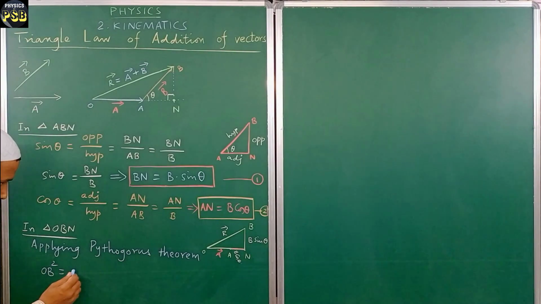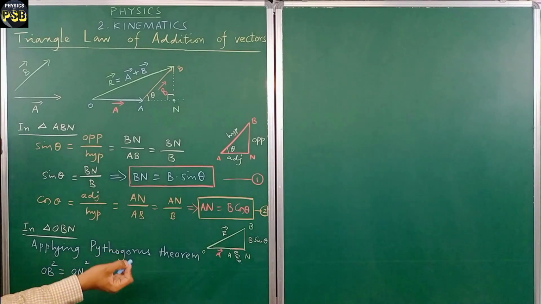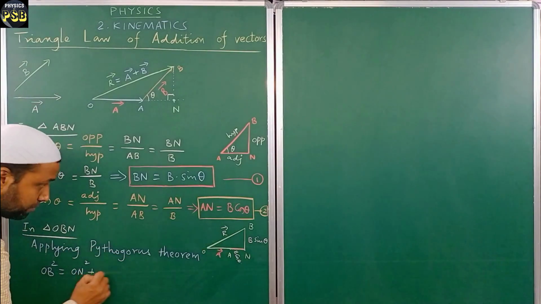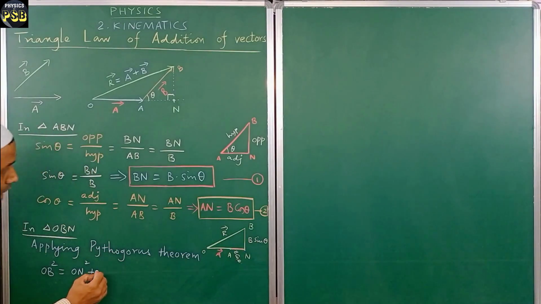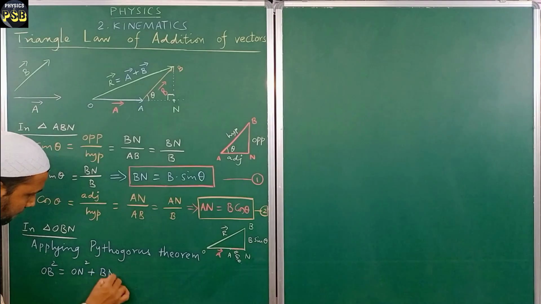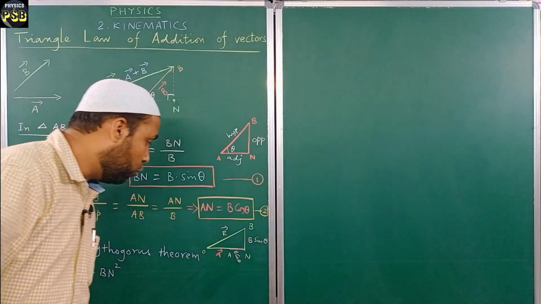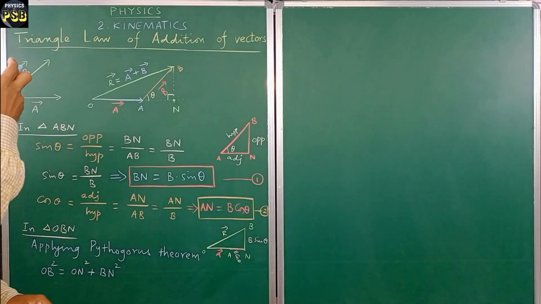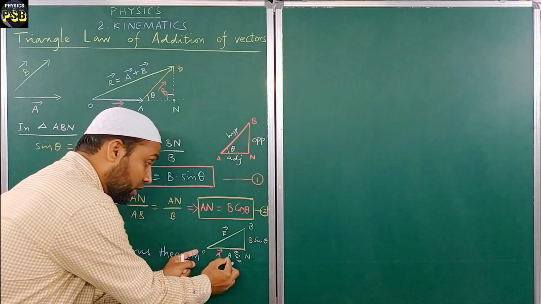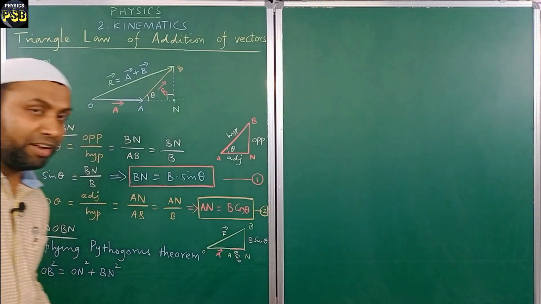So OB square will be equal to ON square plus BN square. Now, what is ON? ON is nothing but the addition of OA and AN.